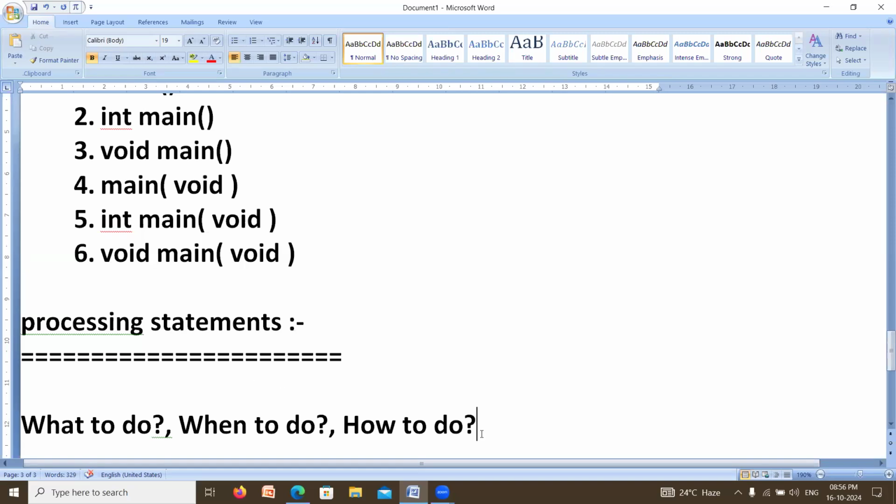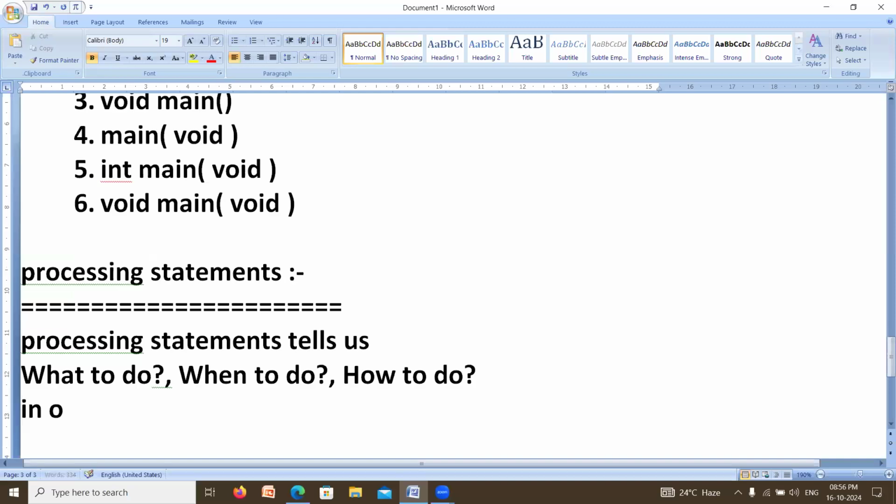If you tell these three things, that is nothing but processing statements. So processing statements tell us what to do, when to do, how to do in order to solve a problem. Those are nothing but the solution. Friends, note this.